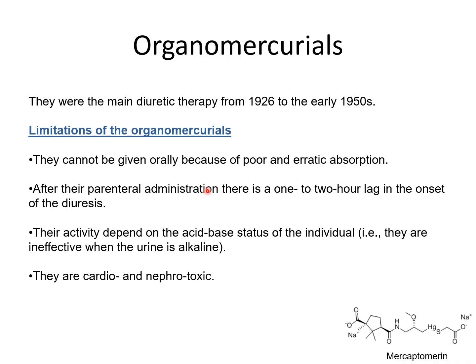Also, after parenteral administration, they usually take 1 to 2 hours, which is not an important limitation; the major limitations are the side effects and poor absorption. And their activity depends on the acid-base status of the individual. They are ineffective when the urine is alkaline, basically because mercury can be excreted more easily when the urine is alkaline. And as we said, they cause nephrotoxicity because of the accumulation of mercury in the tubular cells.